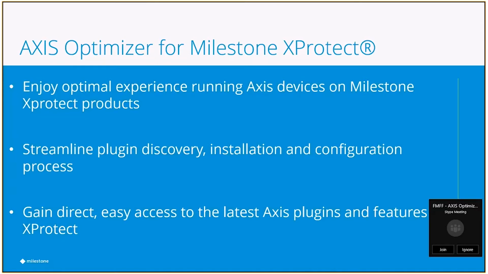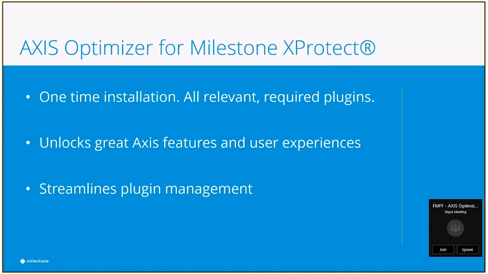So the Axis Optimizer for Milestone XProtect products is a combination of plugins and features that optimize the usability of Axis cameras in XProtect. It offers maximum value to end users and system integrators by delivering all needed plugins for optimally running Axis devices within XProtect products, and helps unlock all the features and capabilities on both sides, Axis devices and XProtect products.